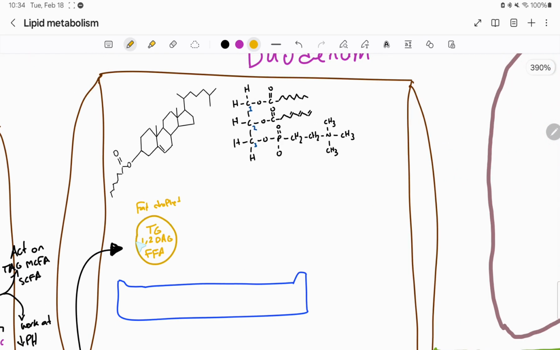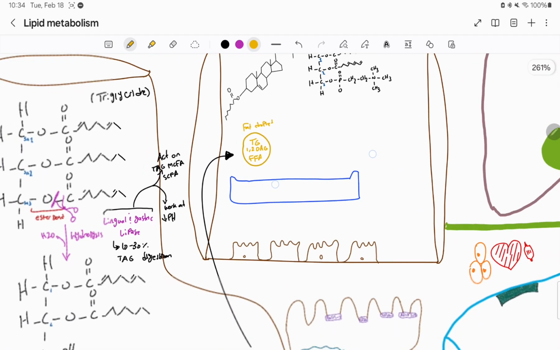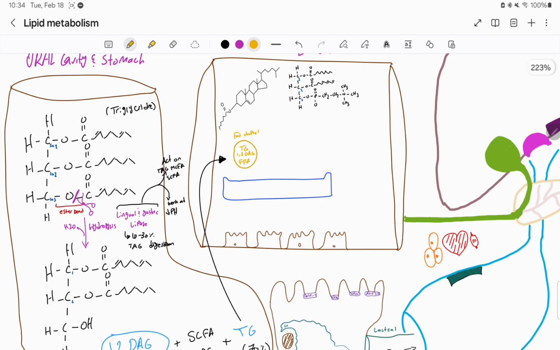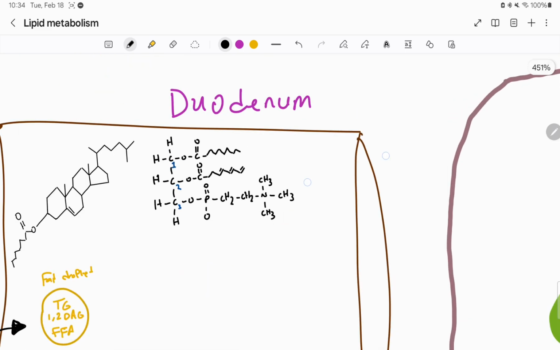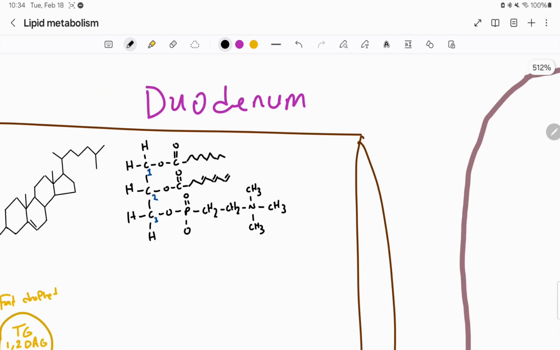So here's that fat droplet that is arriving from the oral cavity, after the digestion, after hydrolysis. Those guys are now arriving towards the duodenum. What other things are arriving with it? Well, the other things arriving with it are going to be free cholesterol from the diet, cholesterol esters, and a phospholipid. What kind of phospholipid? Well, this specific phospholipid we've talked about before.